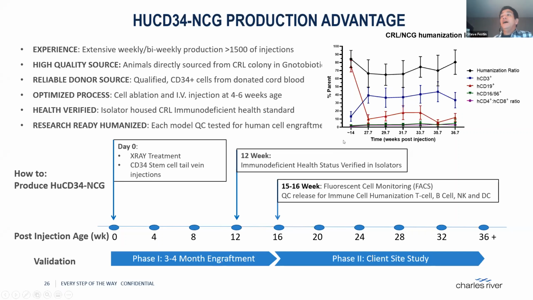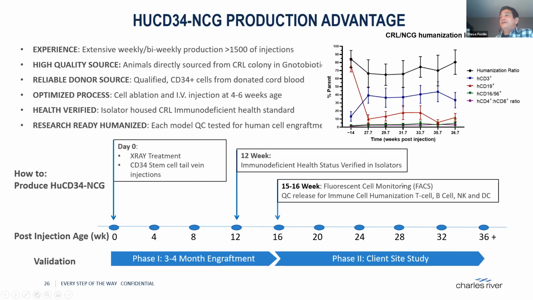We do see, especially during this initial period, a number of B cells. We have a high level of humanization. It's maintained throughout the course of this period, typically at 60 to 80%. Our actual minimum threshold is 25. And again, this humanization rate is the ratio of human CD45 versus mouse.